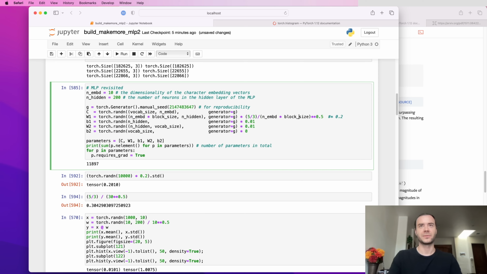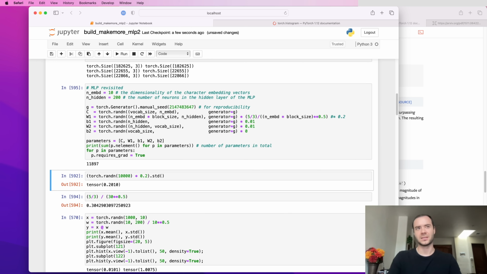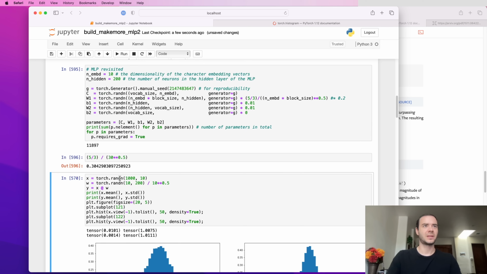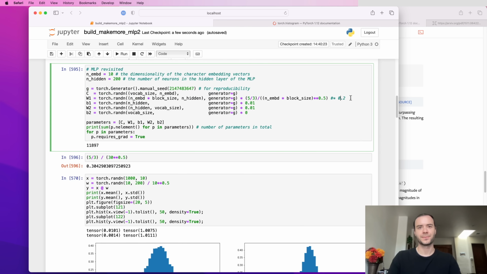These brackets here are not that necessary, but I'll just put them here for clarity. This is basically what we want. This is the kaiming init, in our case, for a tanh nonlinearity, and this is how we would initialize the neural net. And so we're multiplying by 0.3 instead of multiplying by 0.2.